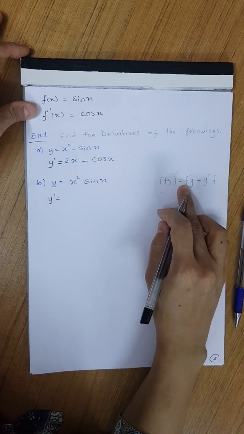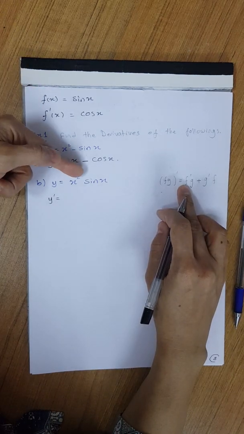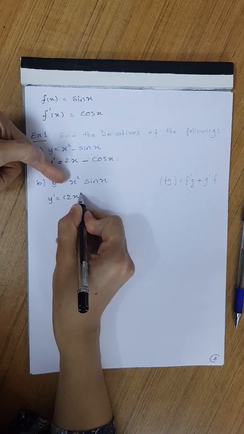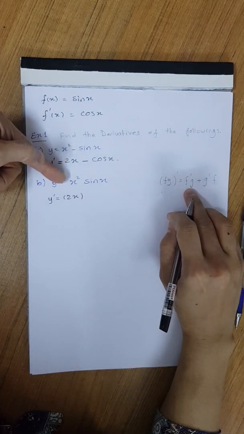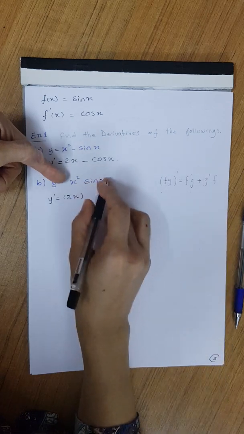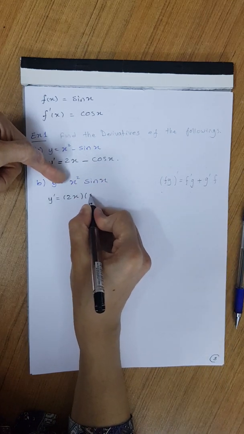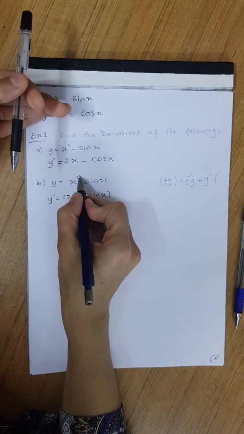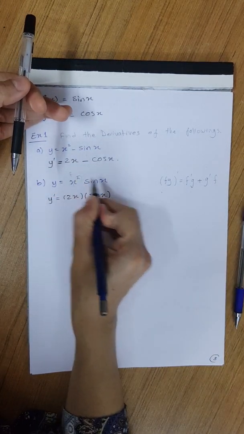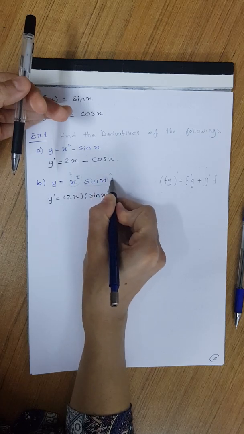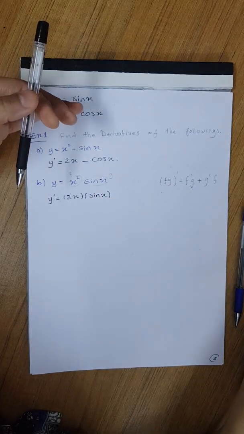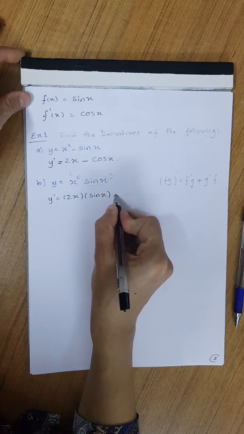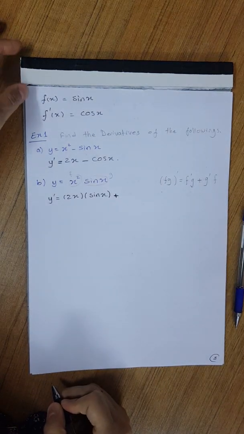First one's derivative, the derivative of f, the first function, is 2x, multiplied with the function g without any change. I can write this one is the f and that one is the g. Then I have got addition, so I will put a positive sign here.